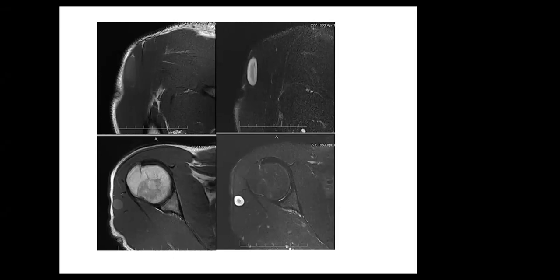So what is the problem with doing a biopsy on a nerve sheath tumor? I don't know, sir. The most significant problem doing biopsy, especially image-guided biopsy, is pain. It's a very painful tumor because it's a nerve tumor.